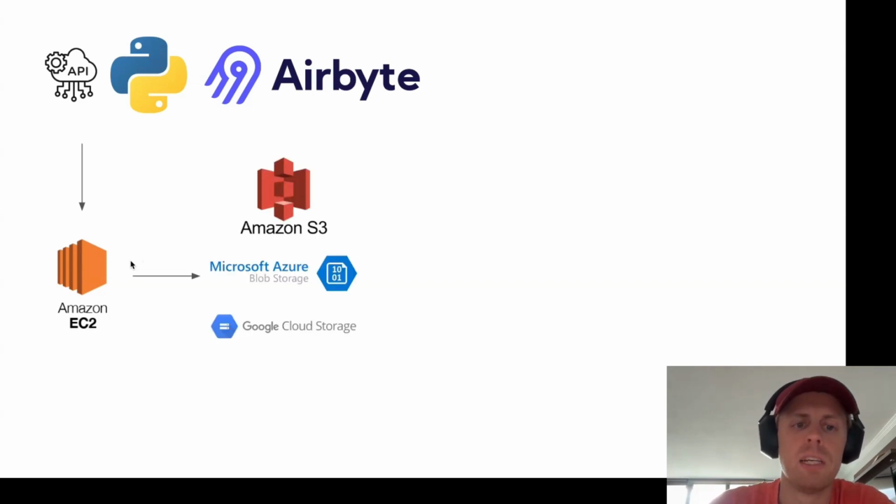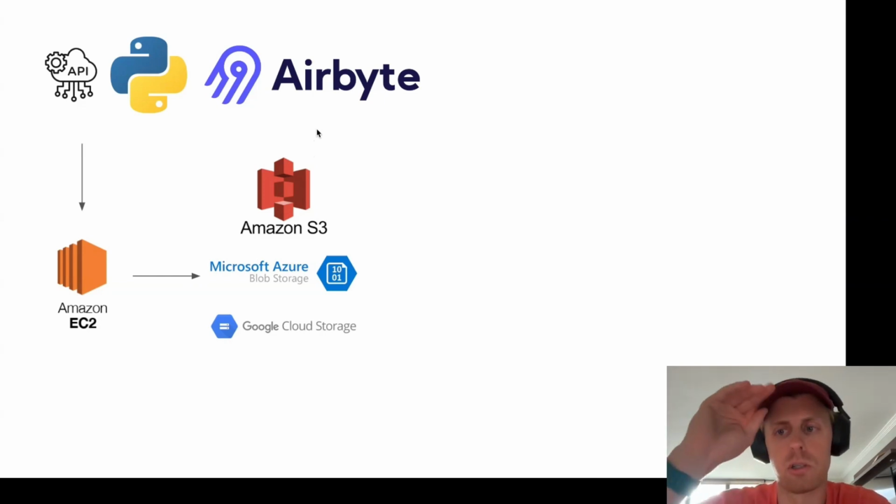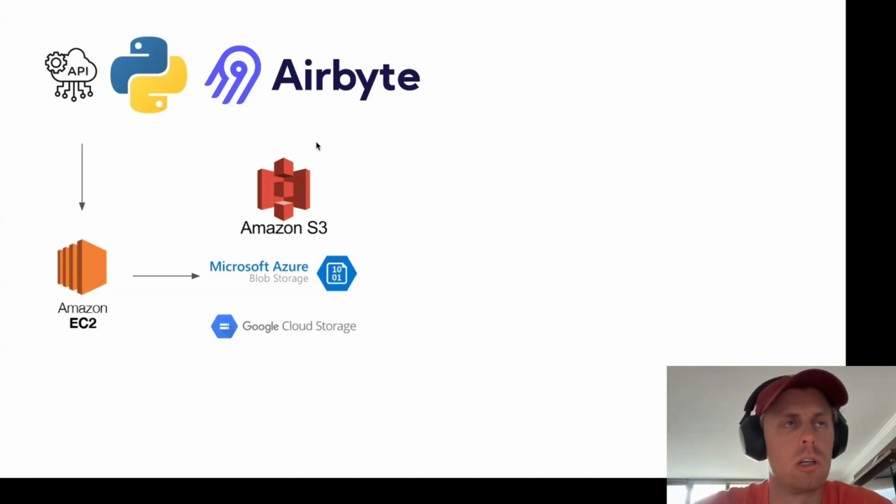Amazon EC2. Typically, when we extract our data, we're going to send it as an intermediary step to a cloud storage system. This is partially to alleviate long-term vendor lock-in. So typically what we'll do is extract data in Parquet or CSV format and store it in a cloud storage system so that you have somewhere where the raw data is being stored on a perpetual basis, or at least for a relatively long term.